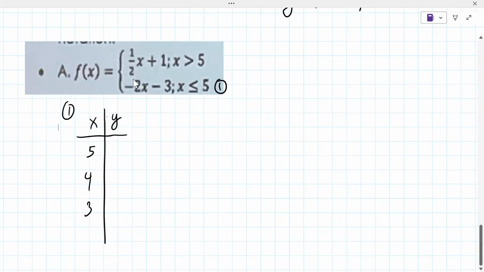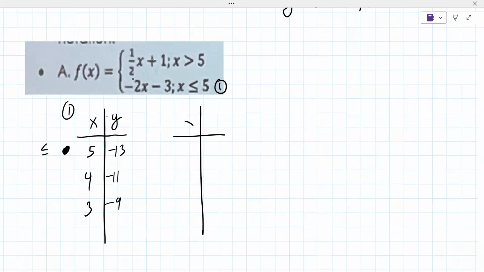You also note that it's a filled in dot because it's less than or equal to. So this is minus 13, minus 11, minus 9. You can go on further, but you don't have to.